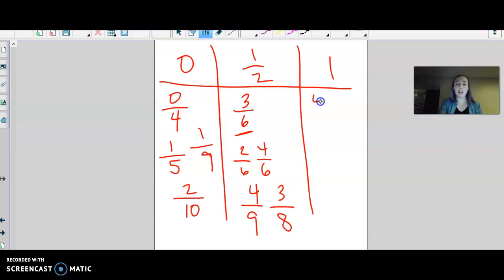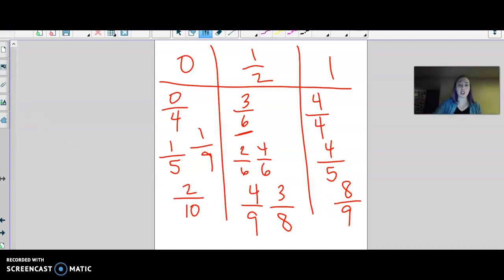With 1, anything where we have all the pieces, so 4/4 is exactly 1. So if I have like 4/5, that's almost the whole thing. Or 8/9, again, that's almost the whole thing. So we can say it's closest to 1.